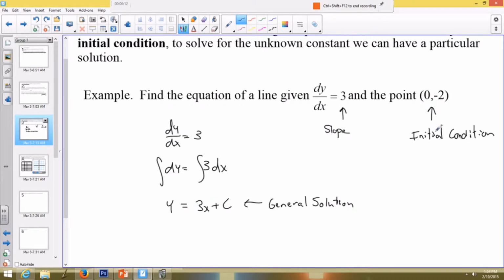And from Algebra 1, we remember that anytime you have an x equal to 0, you're crossing the y axis. So this is not only an initial condition, but it's also a y-intercept. So we can just take that -2, plug it in for c, and say y equals 3x minus 2. And this is our particular solution.